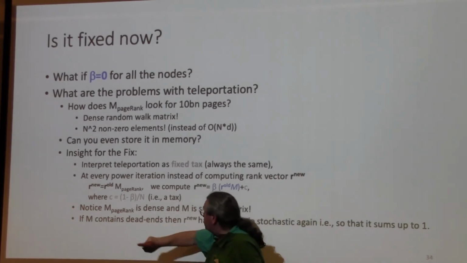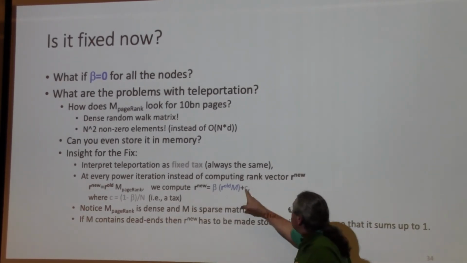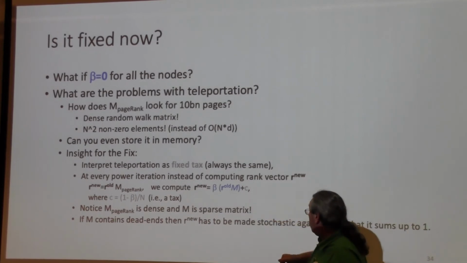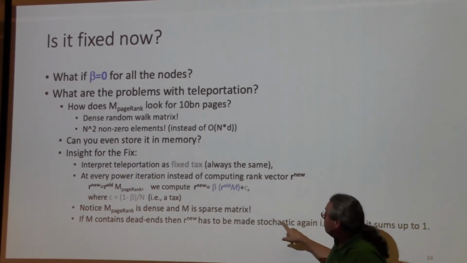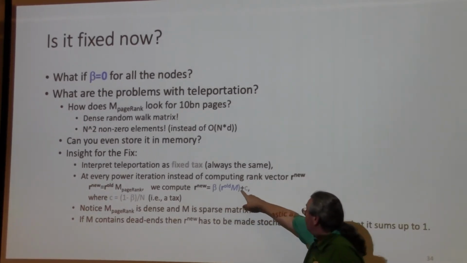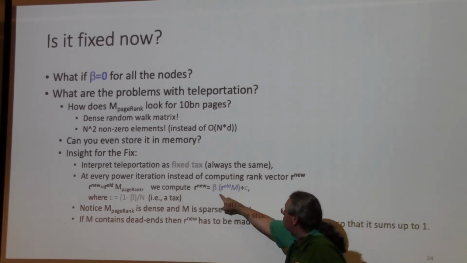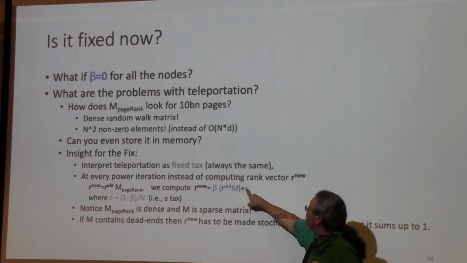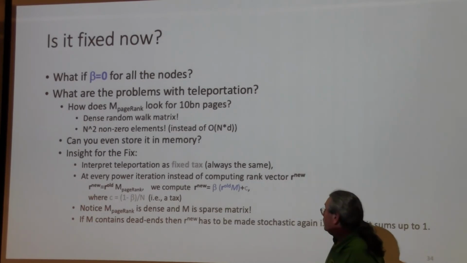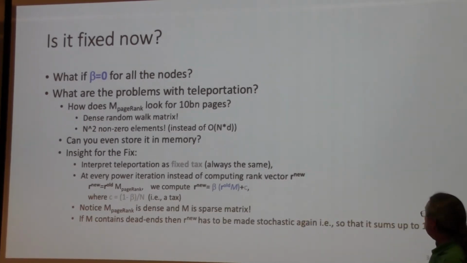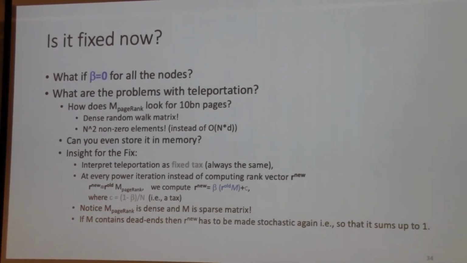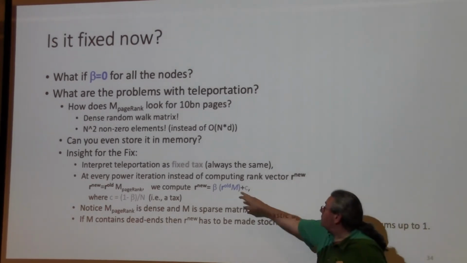If there's dead ends, you have to make sure that the probability becomes 1. Remember, the beta doesn't work if you have a dead end because you never jump out of it. It has to be 1 here. So you have to be a little bit careful, but that's not very complicated. So it's slightly more complicated than just this because you have to be worried about the dead ends.